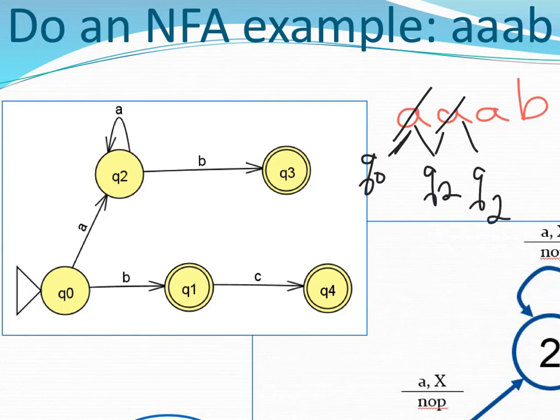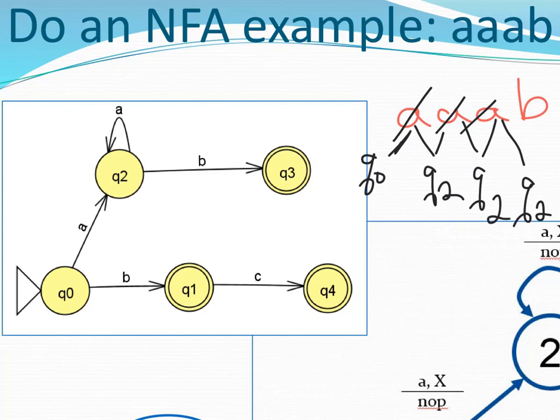Sorry, my 2 doesn't look really all that good there. We see another A, and so we're going to loop again and stay at Q2. And then finally, let's cross that A off because we've processed it. And then we see the letter B, and the only thing we can do from here, even though it's an NFA, it's a pretty straightforward NFA, is jump to Q3.